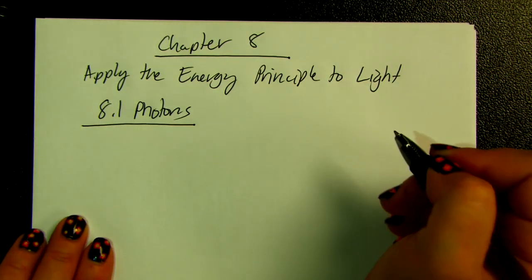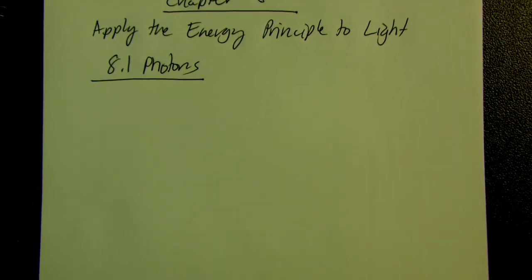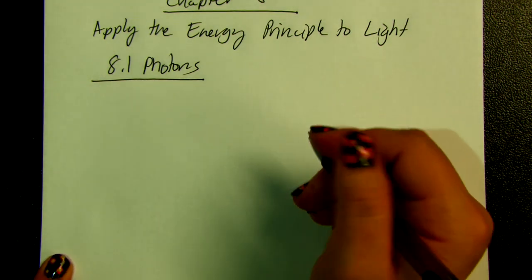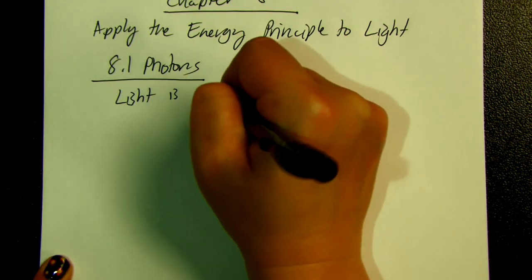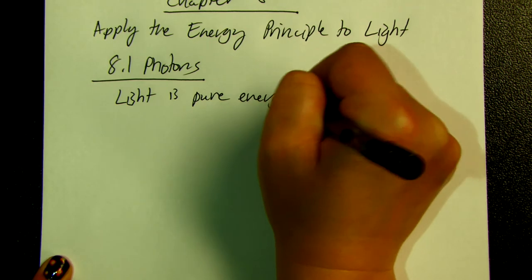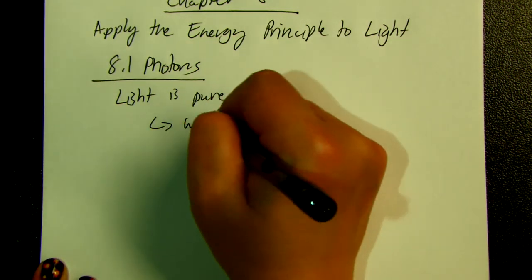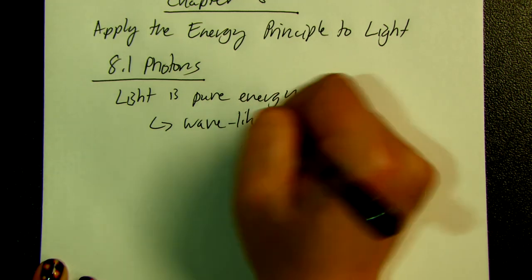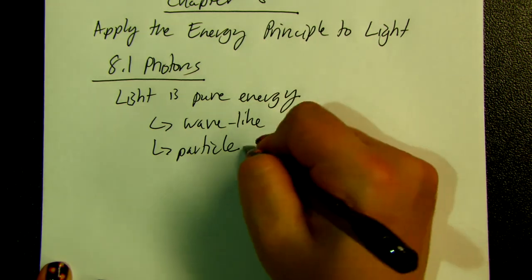Photons. Light is wonderful and incredible and mysterious with its wave-like, particle-like nature. So in this chapter, we're going to study light as a pure form of energy. So light is pure energy, and it is wave-like and particle-like. We're going to be focusing primarily on the particle-like nature.